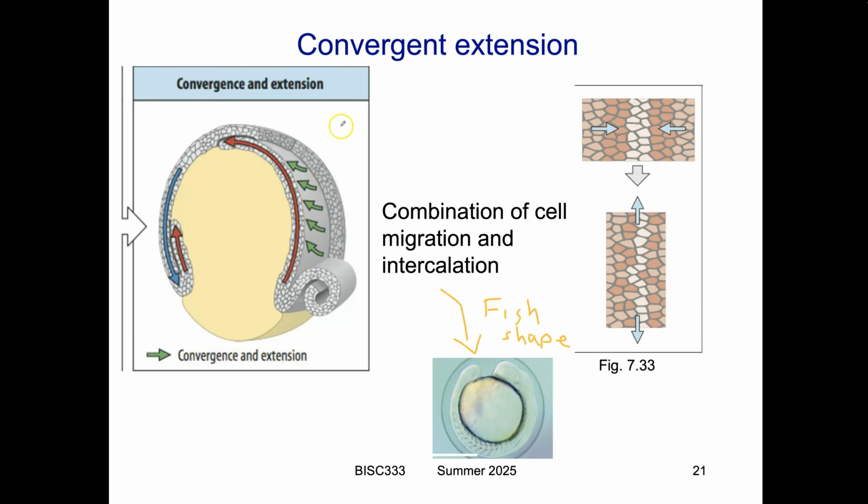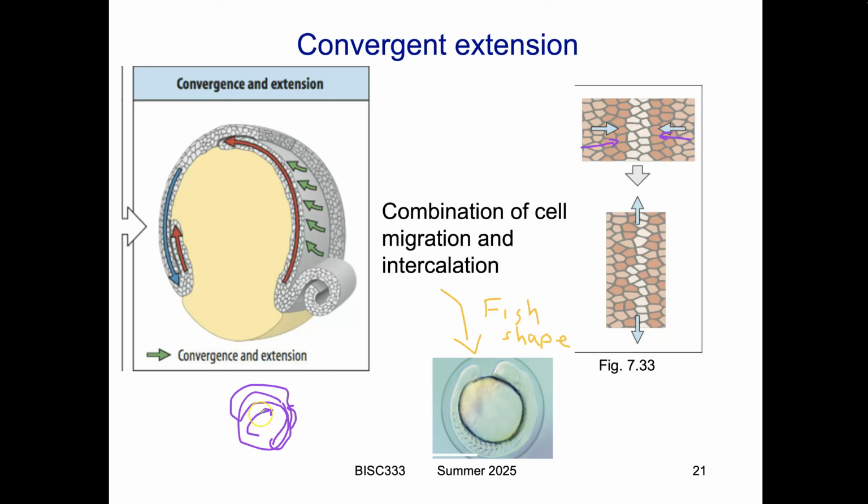And then finally, convergent extension, where cells from two different directions are moving in and mixing together. Think of this as a whole embryo, and the cells are coming up from one side, and coming up from the other side, and they're all moving into the dorsal midline of the embryo.